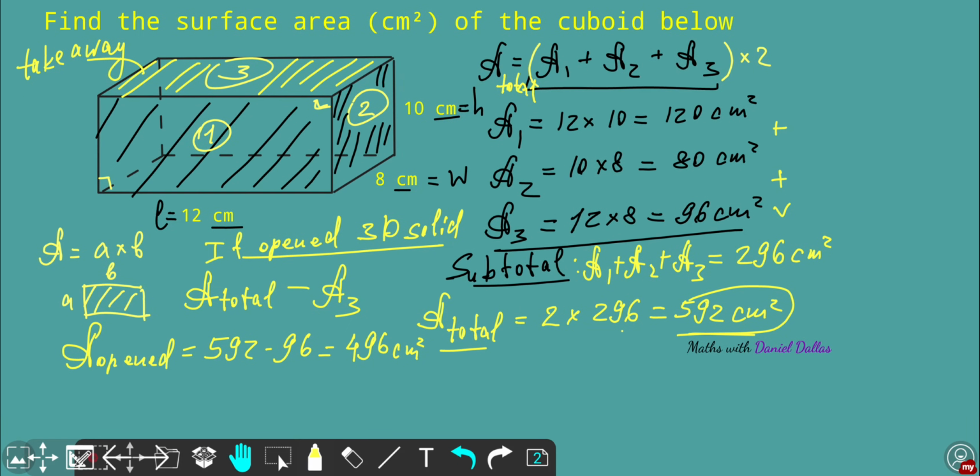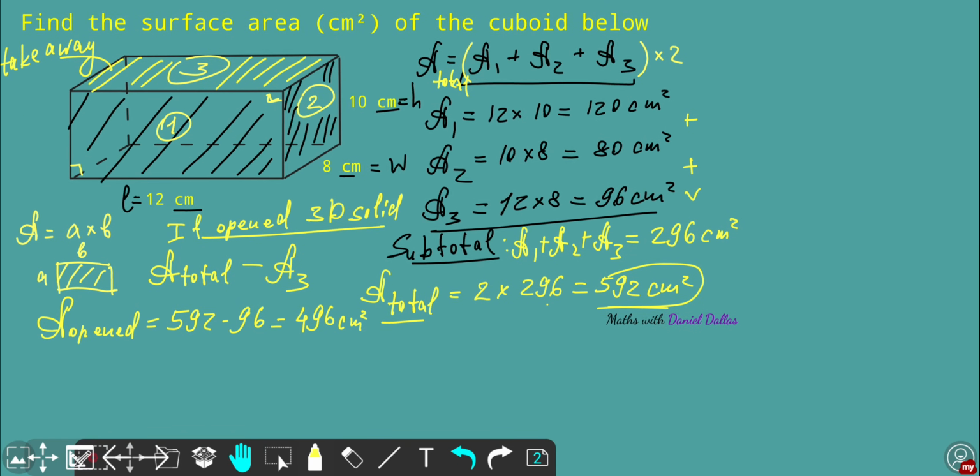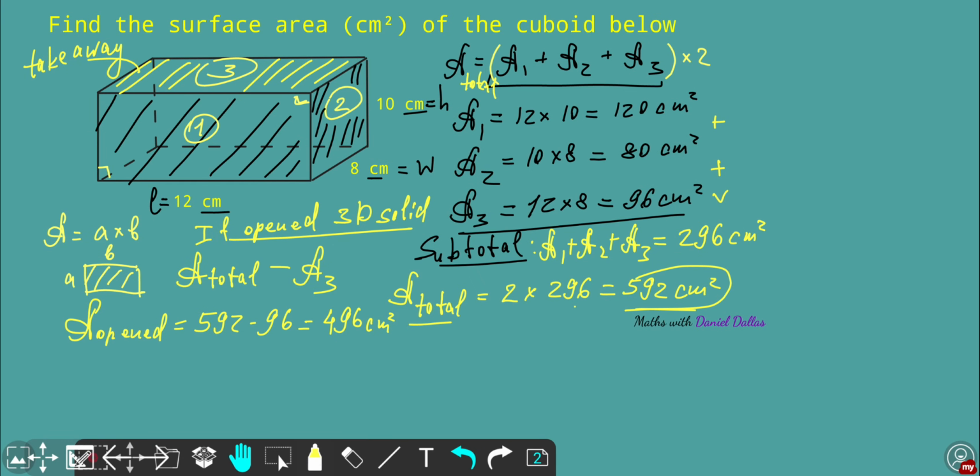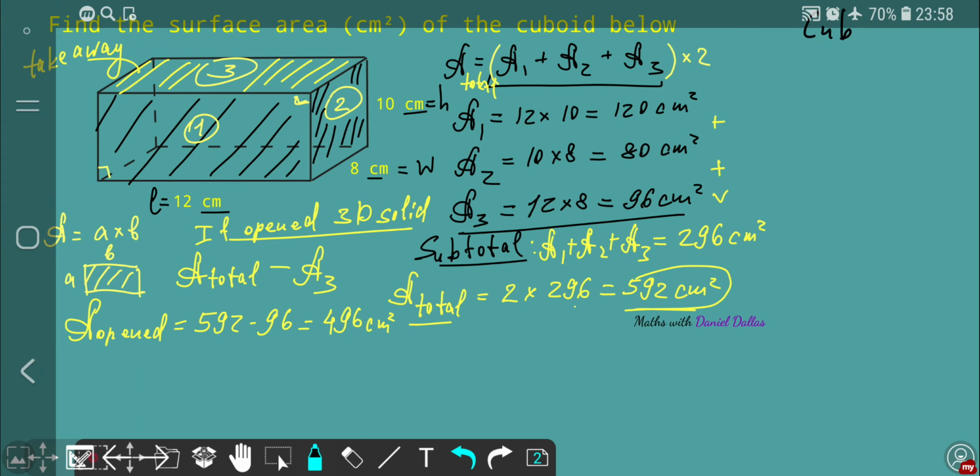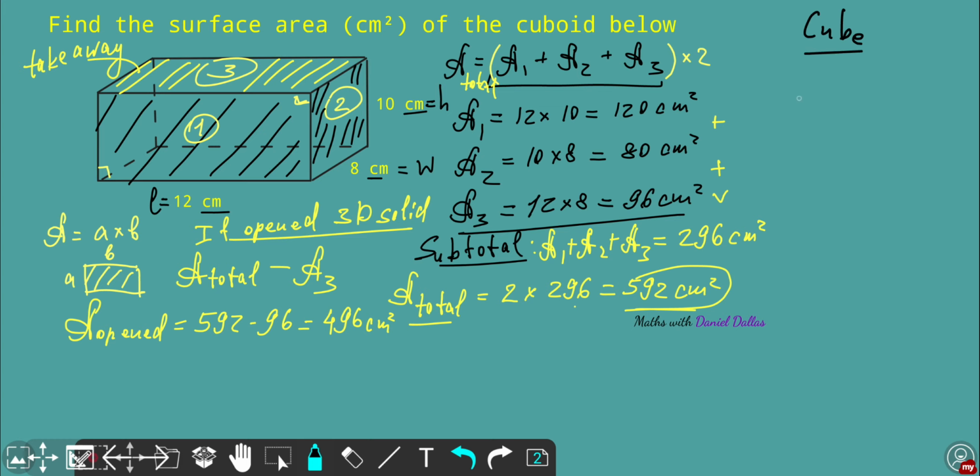What changes might be made if you have a cube instead of a cuboid? A cube is a simplified version of what we're doing here. In case of a cube, all faces will be identical.